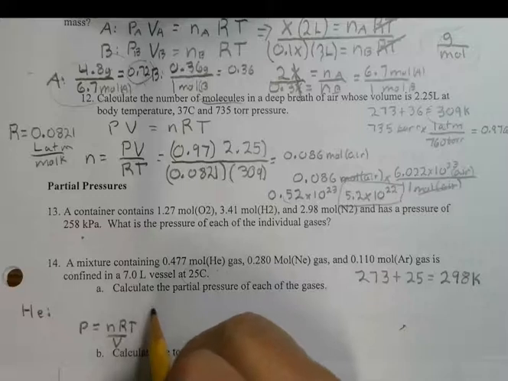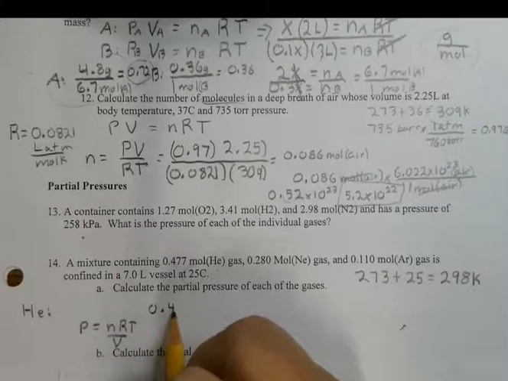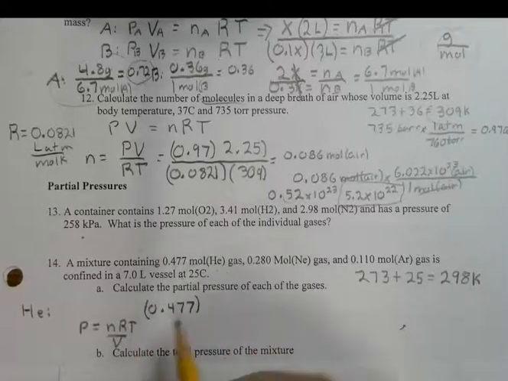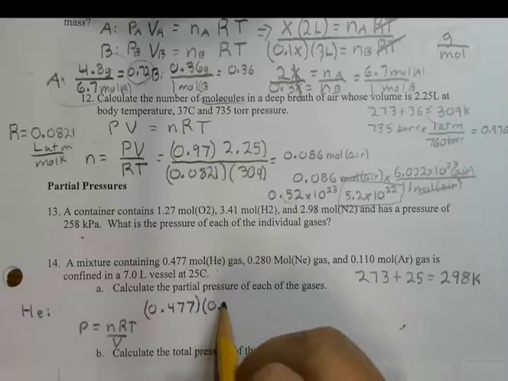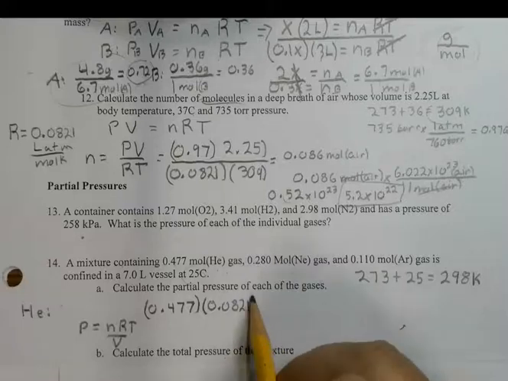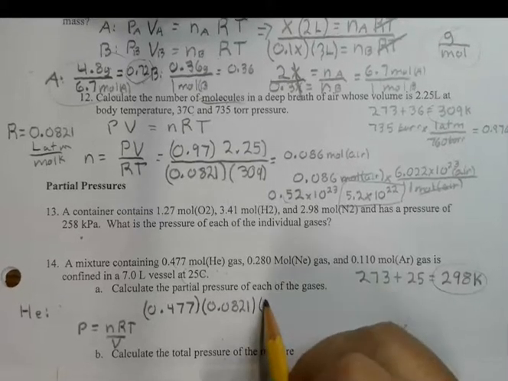We have P for helium is going to be 0.477 moles. R is 0.0821 gas constant, and T is the number we calculated, 298.